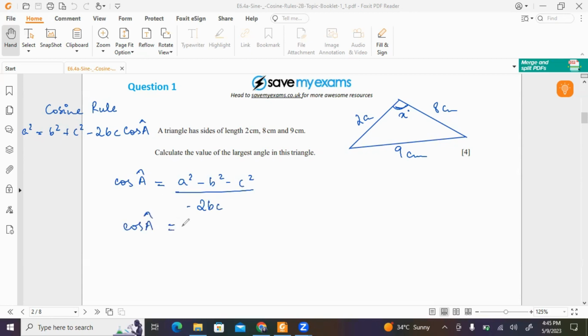So a is going to be 9, b is going to be 8, c is going to be 2.